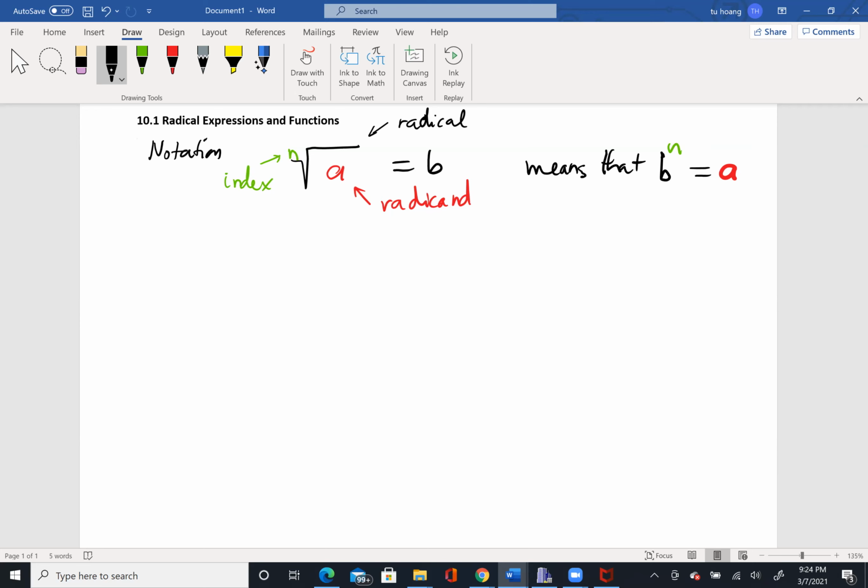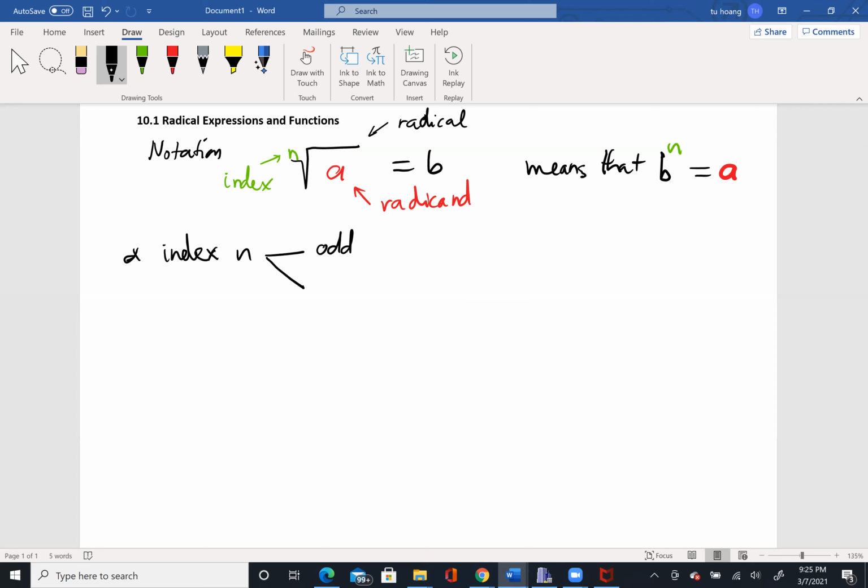So let's talk about index n. Index n has two cases. One is if I have an odd index.